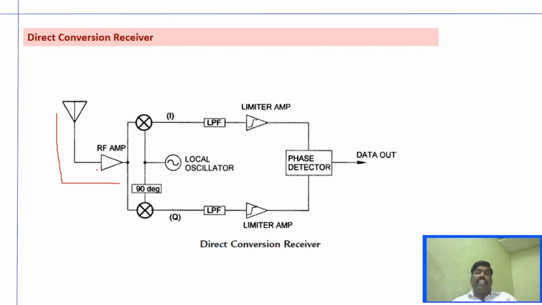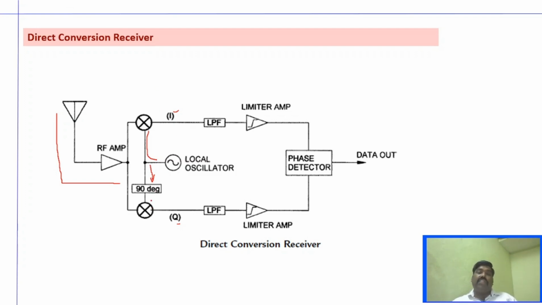These two different mixers we call in phase and quadrature. We use a local oscillator signal, and that local oscillator signal is applied to both these mixers, but it is applied directly to this mixer, whereas here it is changed by a 90-degree phase shift and given to this mixer.